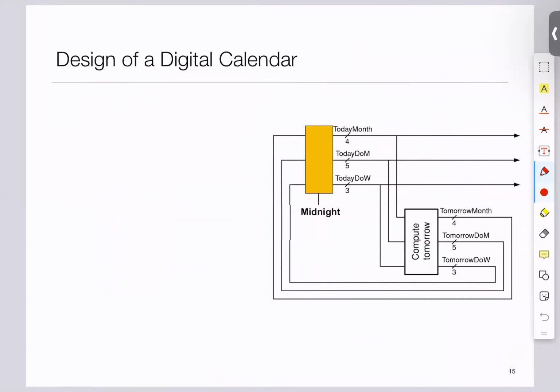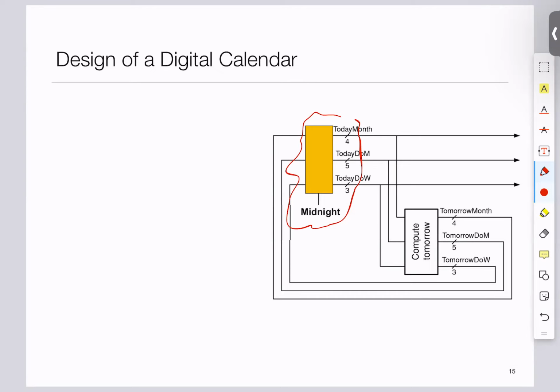So you could imagine that I need some sort of magical block here, where at midnight some signal comes in. Think of it like a pulse or an edge, like a 0 to 1 transition or a 1 to 0 transition. However we define it, there is something which indicates that it's midnight.